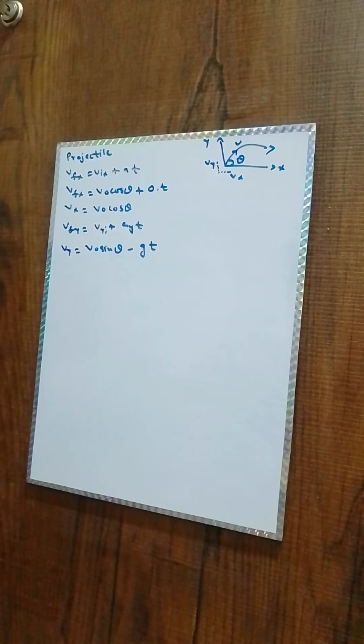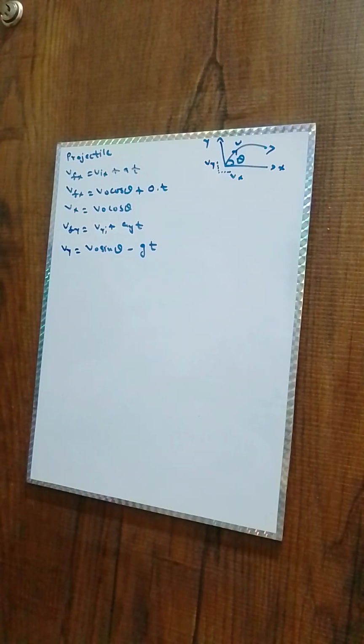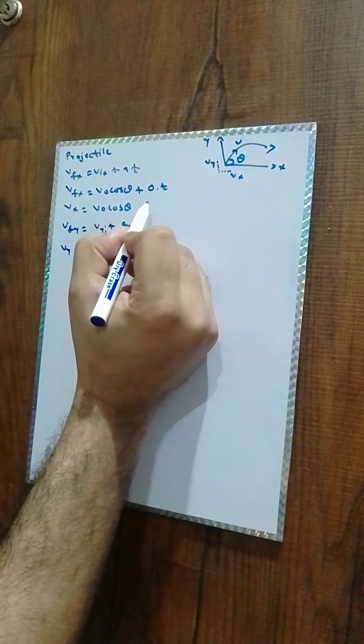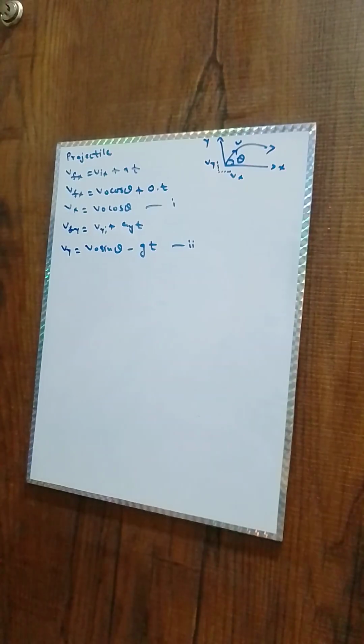Okay, acceleration is negative because it is being retarded by gravity. So we have this form, the first one here and the second one here.